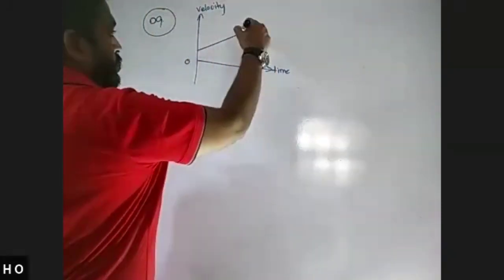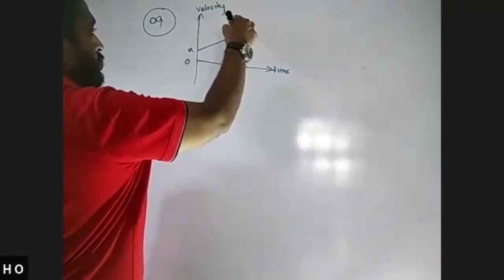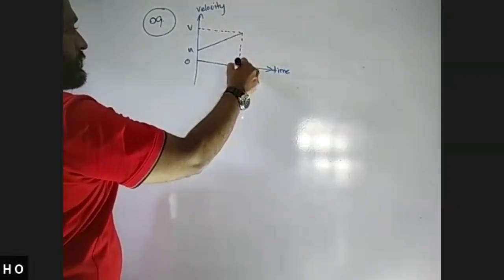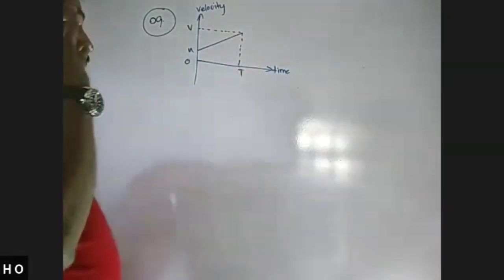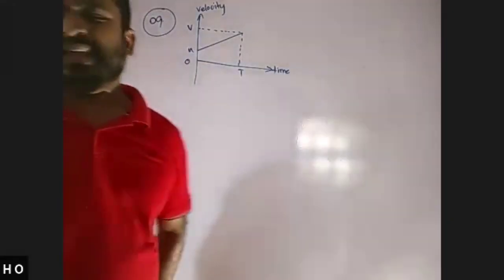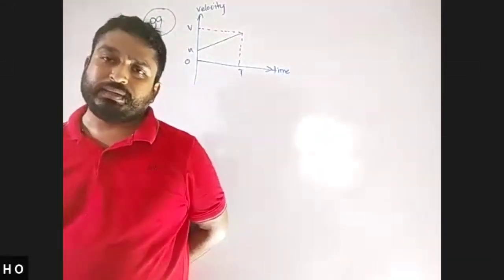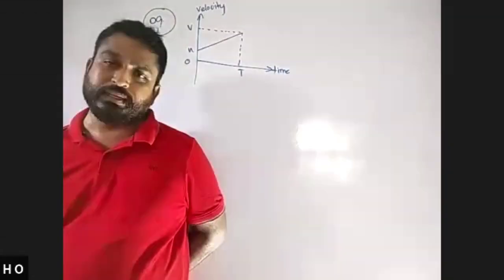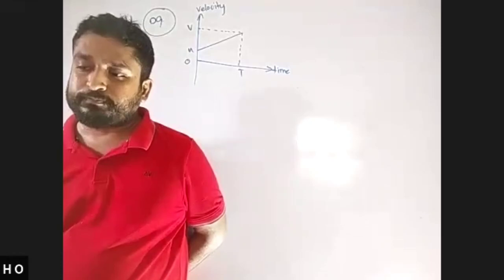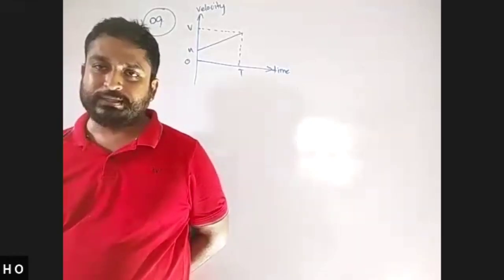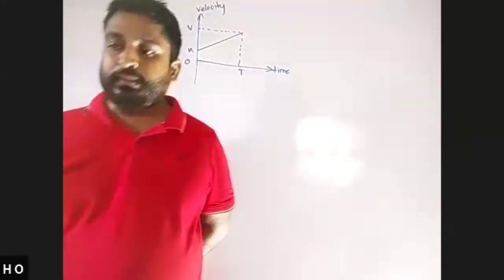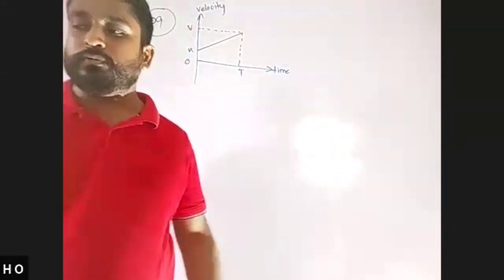Here u to v, and this is the total time, capital T. You certainly know that the train is accelerating, but they haven't given the acceleration or deceleration. Further, the total time taken is t.